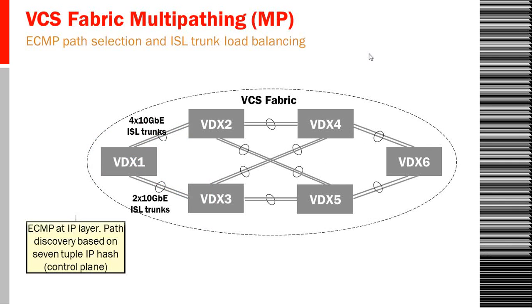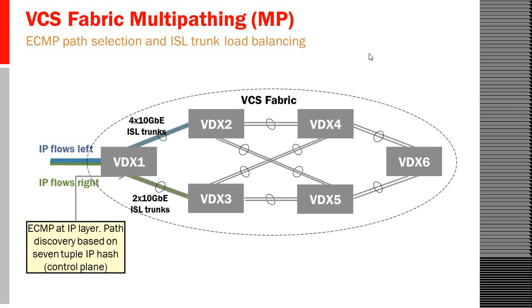So let's look at what happens at ECMP. First of all, you see on the slide that we have twice as many 10 gig links in the northbound direction, where I've got IP flows left, as we have IP flows right to the bottom. We've got 4 10 gigs at the top and 2 at the bottom.